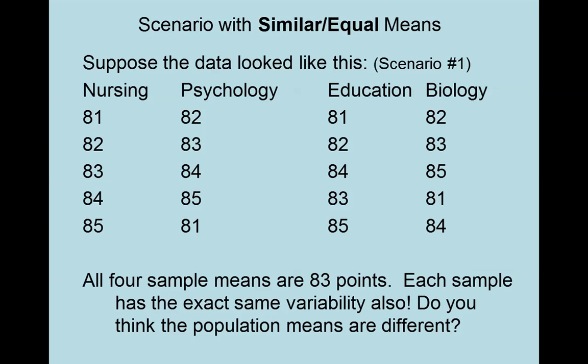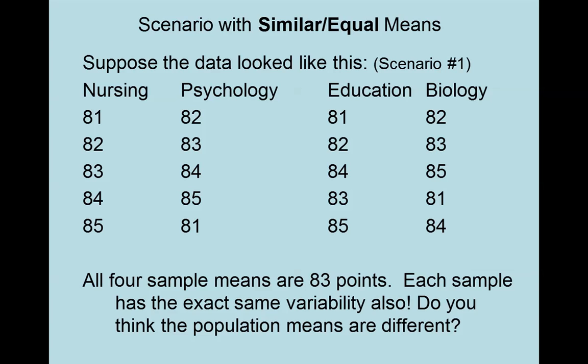Each sample also has the exact same variability because the numbers all go from 81 to 85. Do you think the population means should be considered different if all the sample means are equal and each group, each sample, had the same variability?